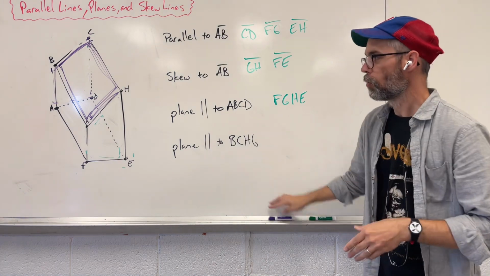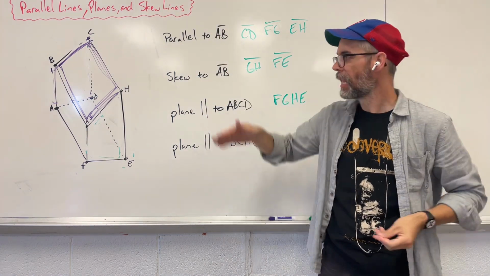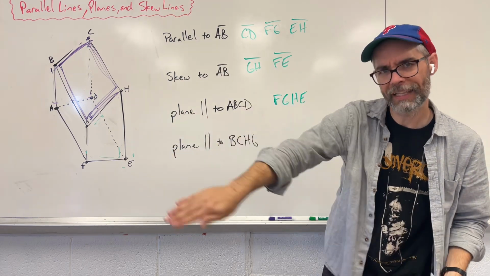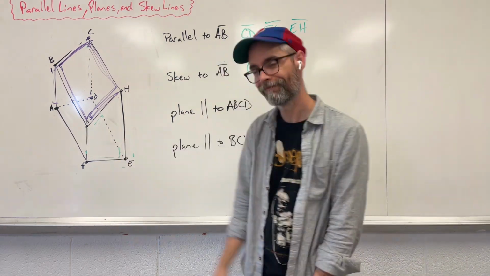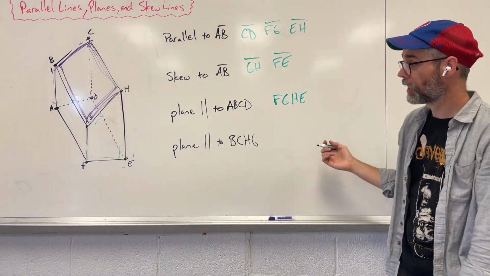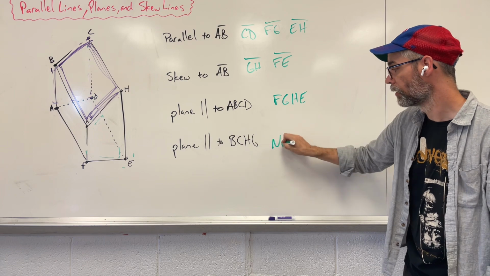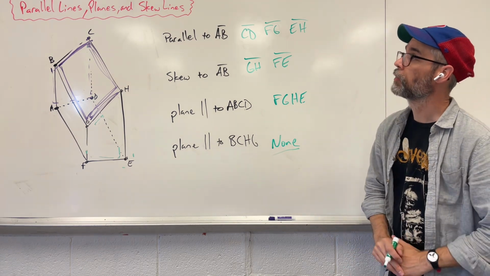Now, we have a front, we have a back, we got these two sides. The roof slants down. Is there any other area that slants down underneath here? Nope. So, unfortunately, we don't have anything that's parallel to that, so we just say none. And that's using parallel lines, planes, and skew lines.